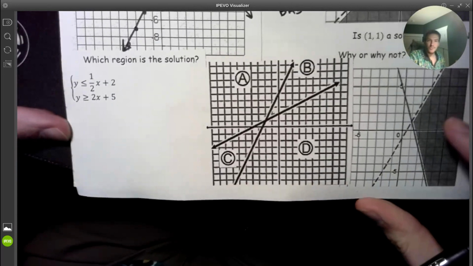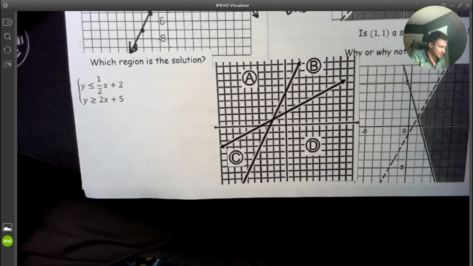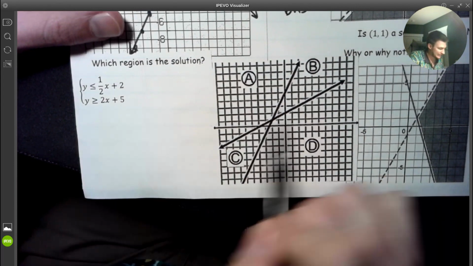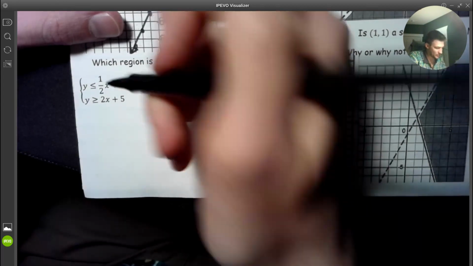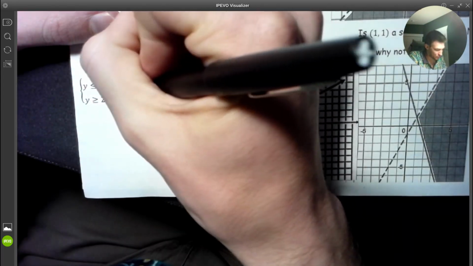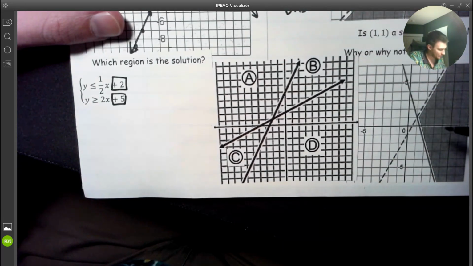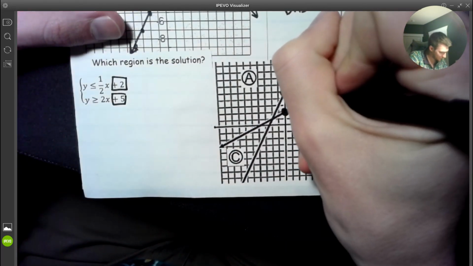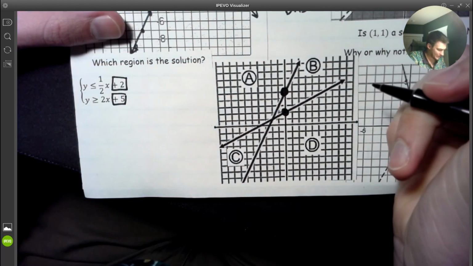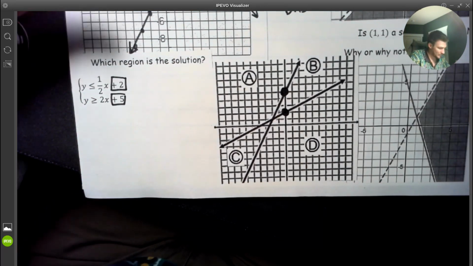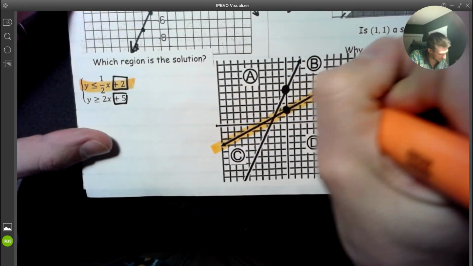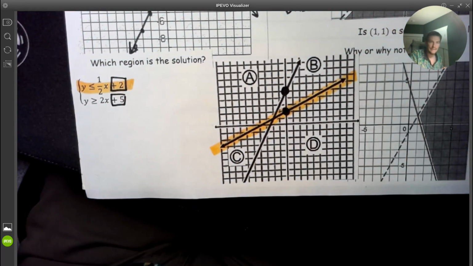On the bottom here, which region is the solution? Okay, so I need to do a little bit of graphing action, and it doesn't tell me which line is which. I'm looking at this 2 and this 5 to help me out. So, if I think about this top line as the one that crosses through 2, it would be that line.